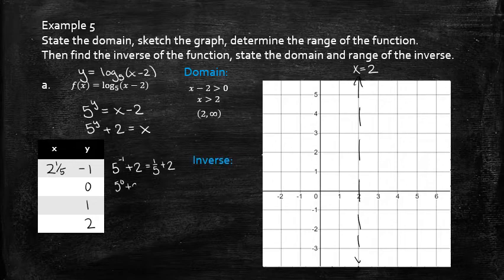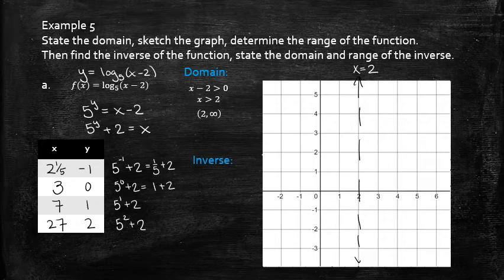So I have 5 to the 0 plus 2. 5 to the 0 is 1, plus 2. So the corresponding x value is 3. 5 to the first power plus 2 is just 5 plus 2, or 7. And then 5 squared plus 2, this would be 25 plus 2, or 27.